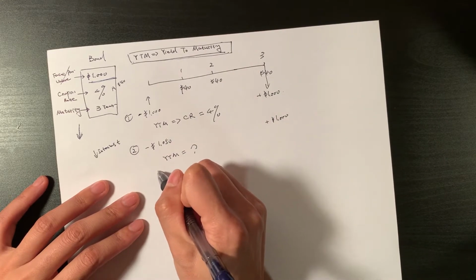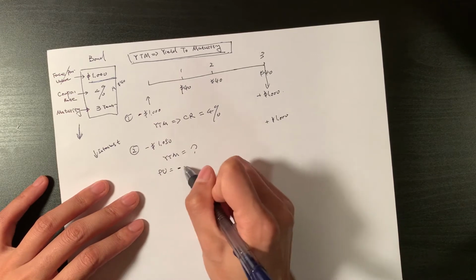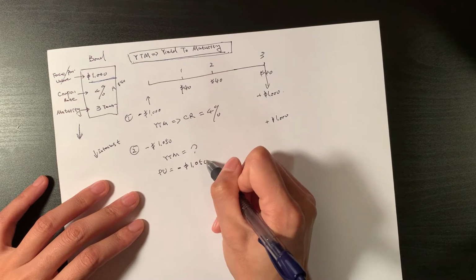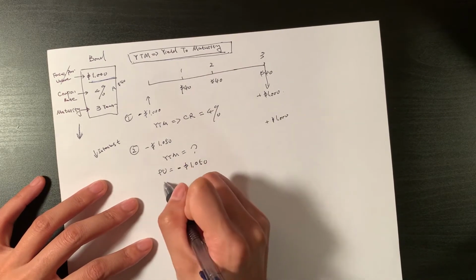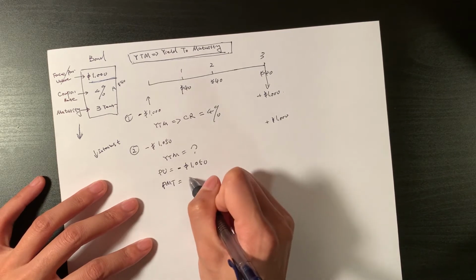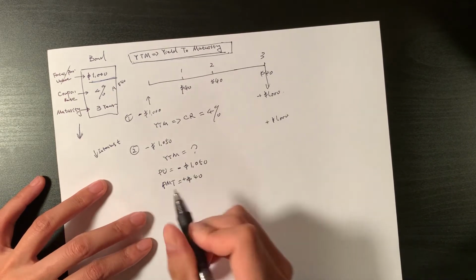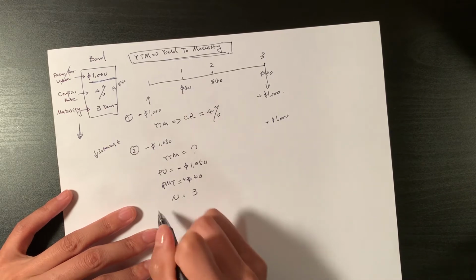Let's say present value is a cash outflow. I paid $1,050. Then your payment PMT is $40, which is a cash inflow, right? Then the number of payments is 3.